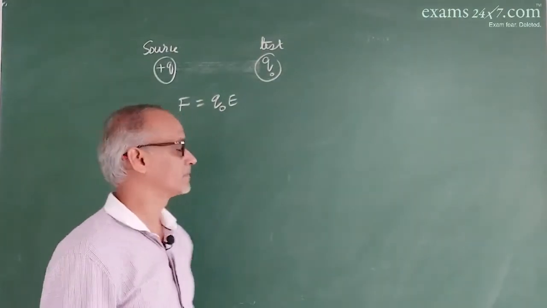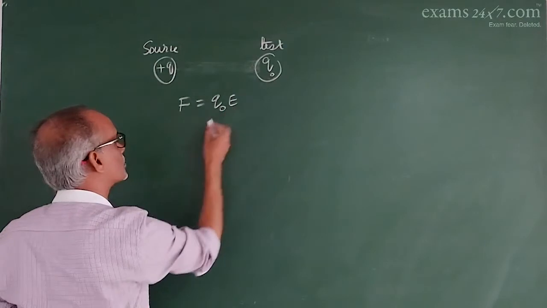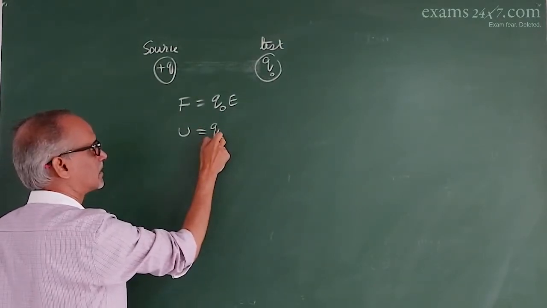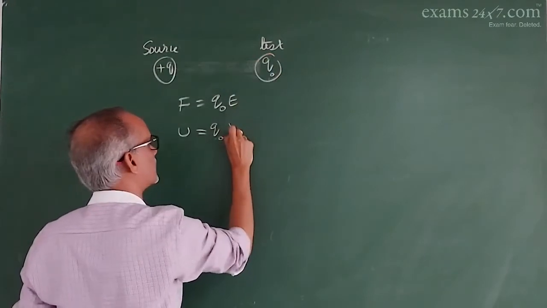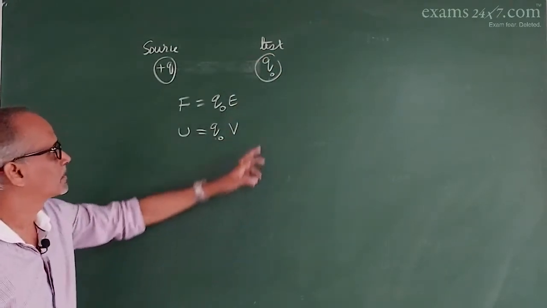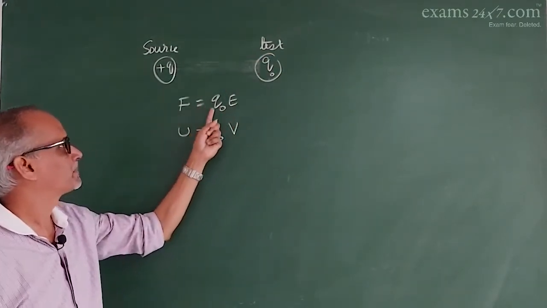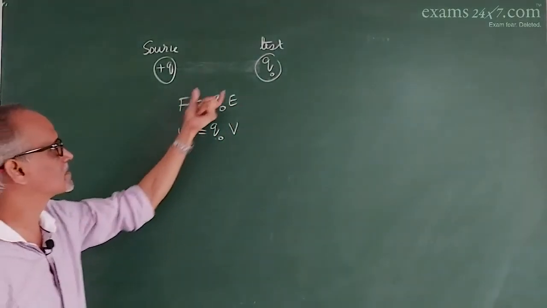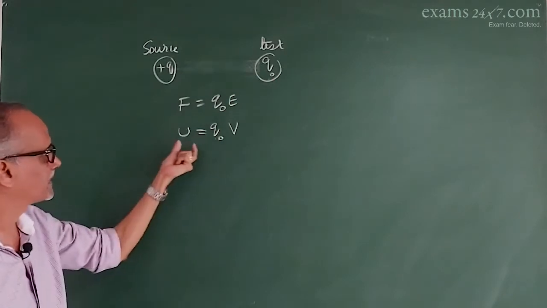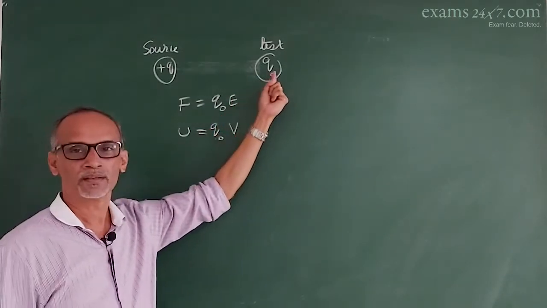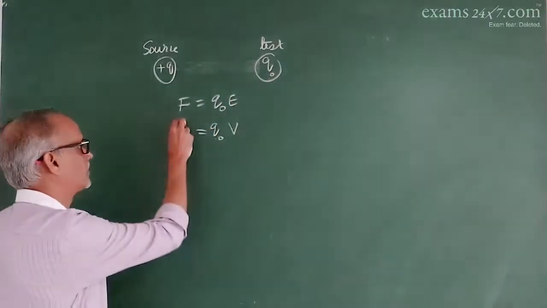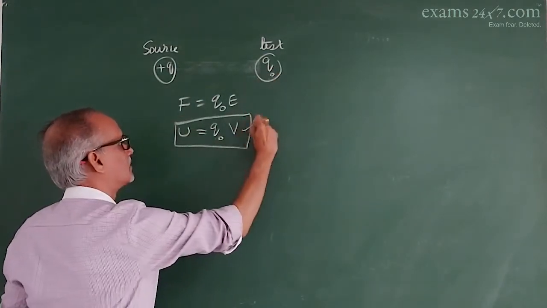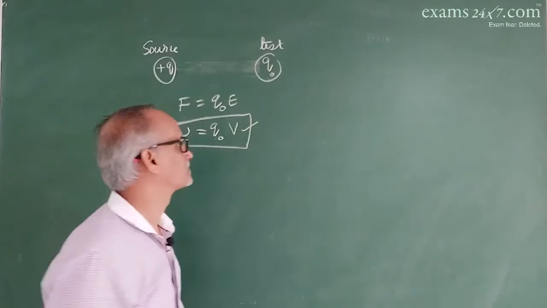Electric potential energy. And we can find that potential energy U is equal to charge into potential at that point. So if you want to find the force on it, multiply that charge by the electric field at that point. And if you want to find the energy stored in it, then multiply that charge by the potential at that point.